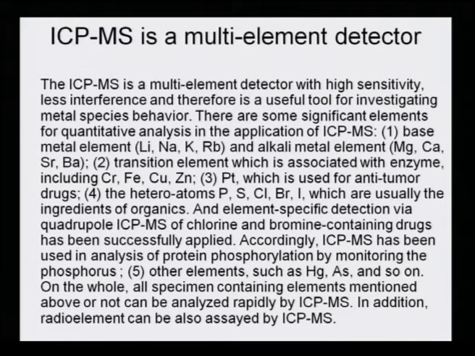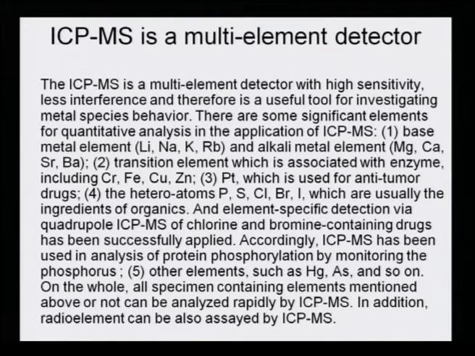Then the third class is platinum, which is used for anti-tumor drugs. The fourth class is the heteroatom containing compounds such as phosphorus, sulfur, chloride, bromide, iodide, which are usually the ingredients of organics, and element specific detection via quadrupole ICP-MS of chlorine and bromine containing drugs has been successfully applied.